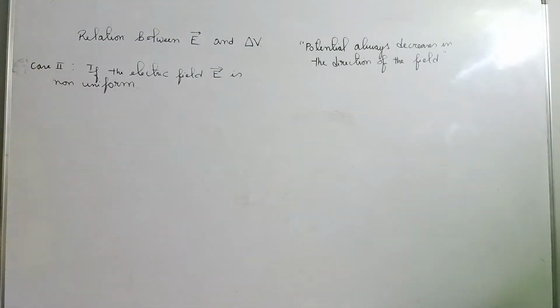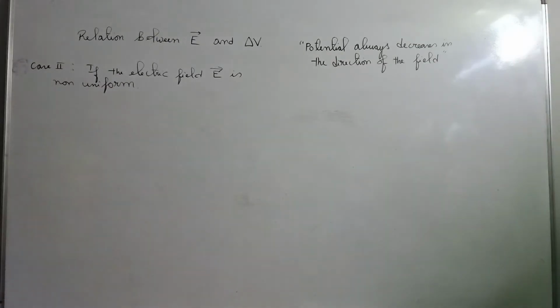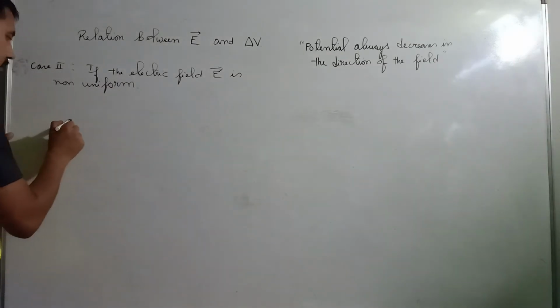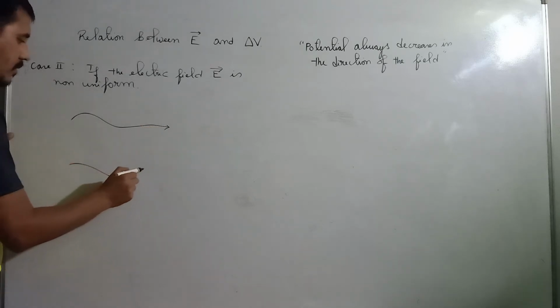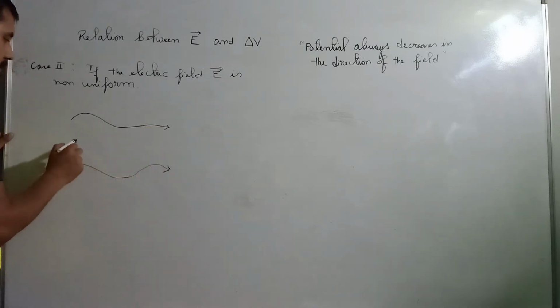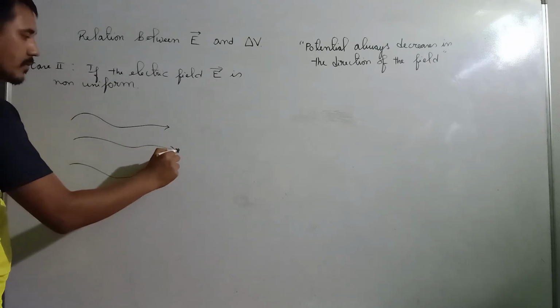Okay. Now if the electric field E is non-uniform, then maybe E will be something like this, right? It's non-uniform. Is it okay? Yes, E is non-uniform.